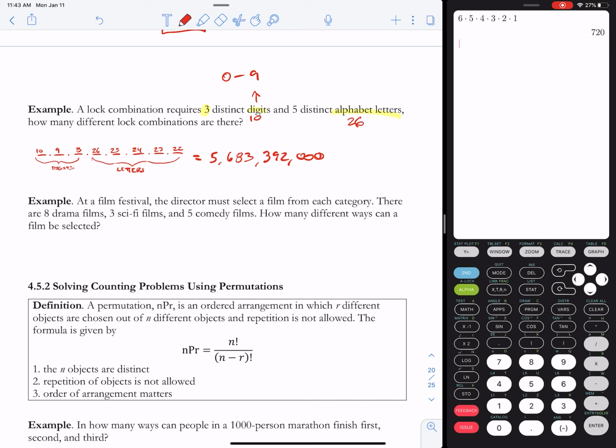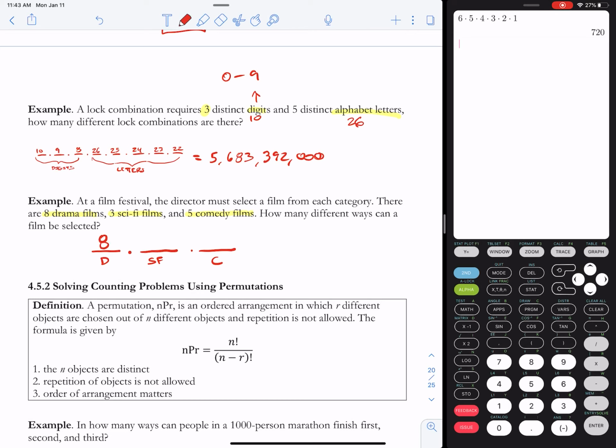There are 8, I'm going to highlight this, 8 drama films, 3 sci-fi films, and then 5 comedy films. How many different ways can be selected? All right, well, we have drama times sci-fi times comedy. Well, how many drama films are there? There's 8 drama films.